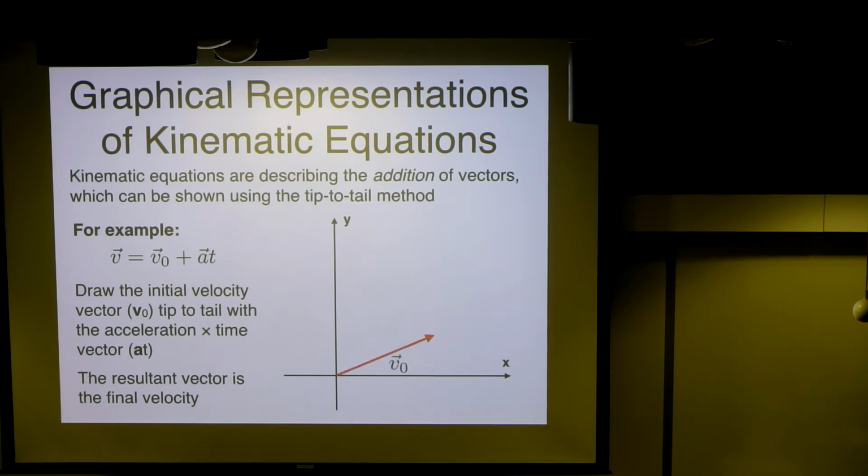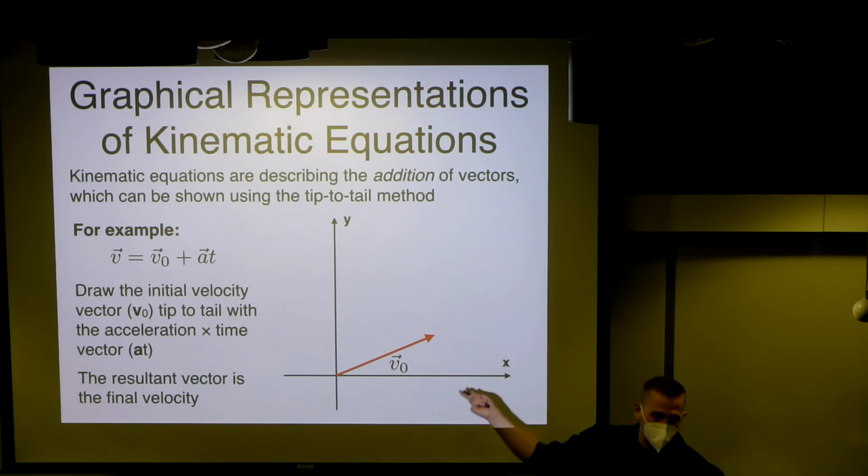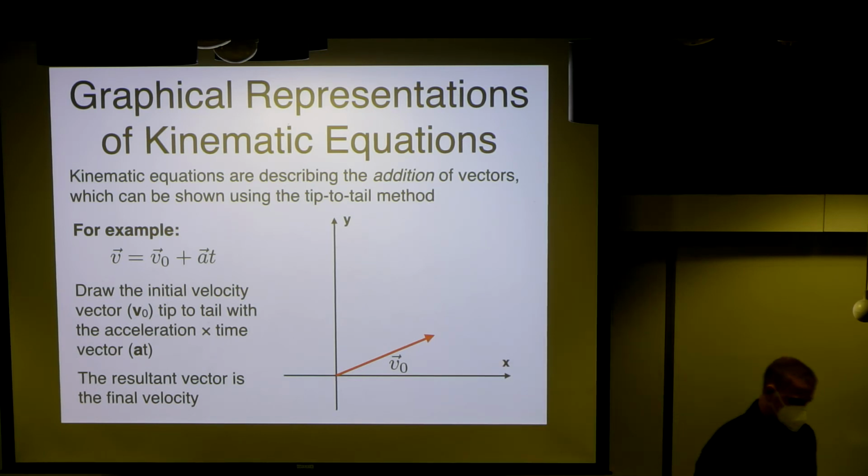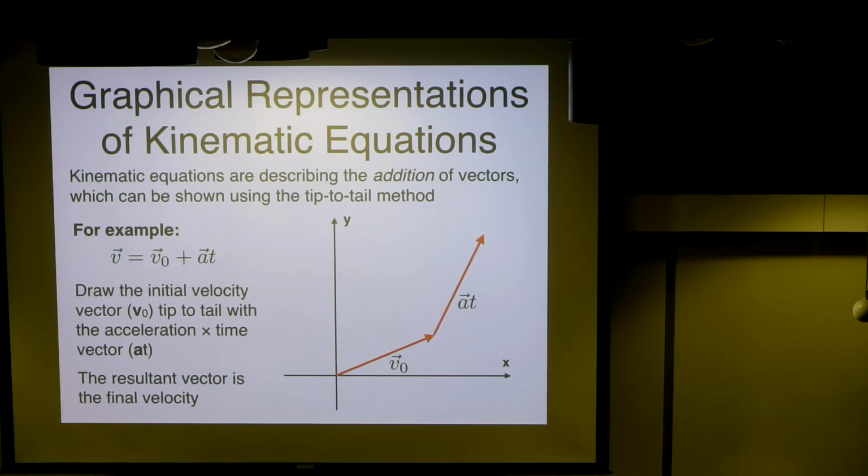So let's say that this is my V naught vector, just totally randomly picked. I'll draw it on a diagram first. And notice, the velocity could have an x component and a y component, generally speaking, in this xy plane. Let's say my acceleration is oriented at a different angle.